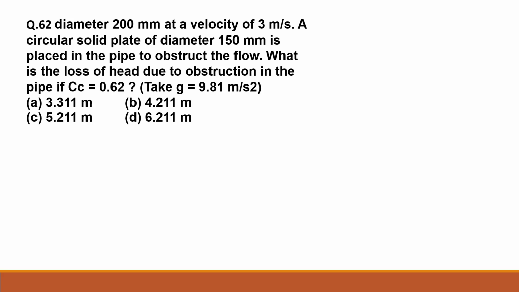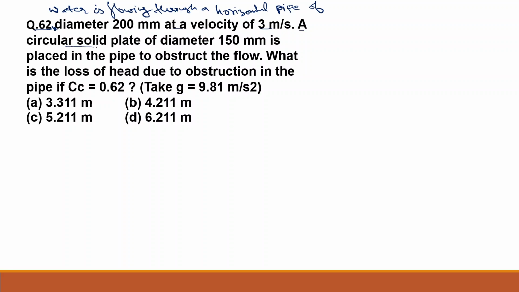Actually this question number 62 is half written. I will write here the full question because of some mistakes. Water is flowing through a horizontal pipe of diameter 200 mm at a velocity of 3 meter per second.